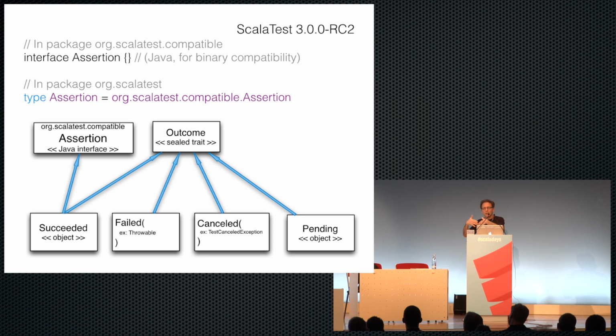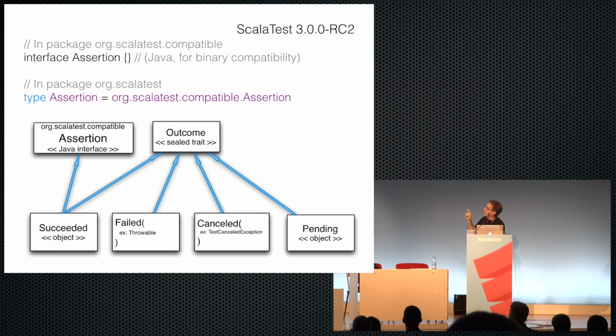I wanted to say you get a Future[Assertion] that you pass back to the test framework. So I wanted something named Assertion. And it took me a few iterations to figure out what it was, but it's actually a Java interface, unless it's on JavaScript, in which case it's just a trait with nothing in it. It's just a marker trait.